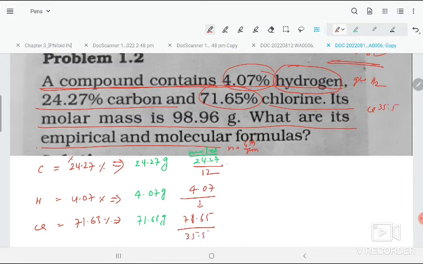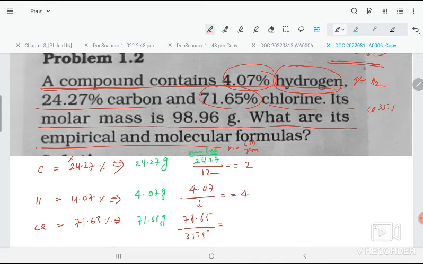Now we divide and get the values. Carbon comes approximately 2, since 2.02 means 2. Hydrogen is divided by 1, so it is 4.